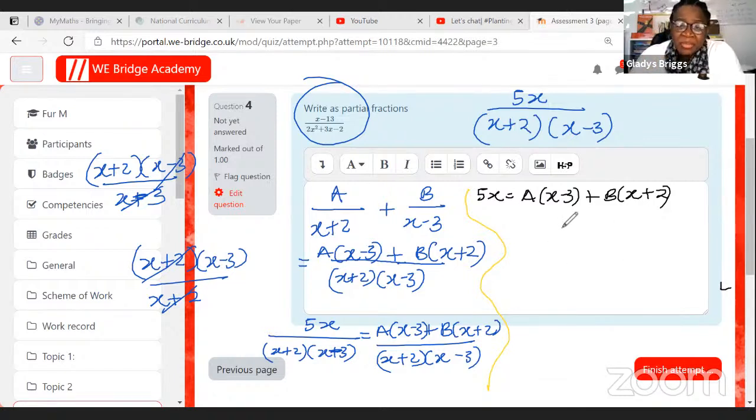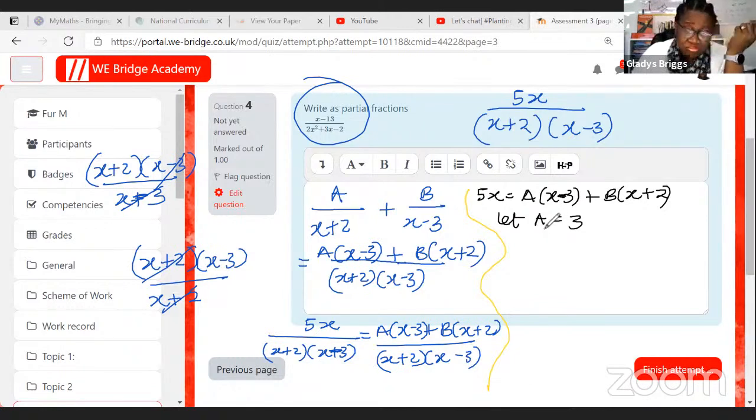Now, you want to use the elimination method to find the missing numbers A and B. To get rid of A to find B, you can let x be equal to 3, because if x is 3, then 3 minus 3 is 0. Then A times 0 will cancel off A, so then you can find B.